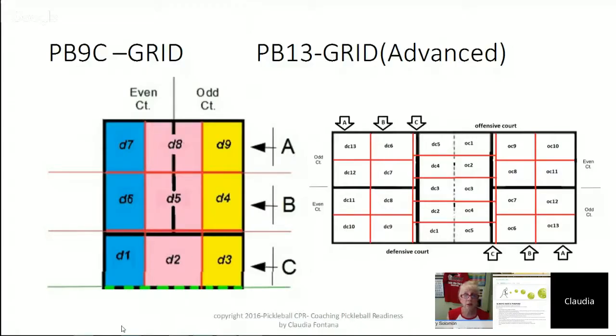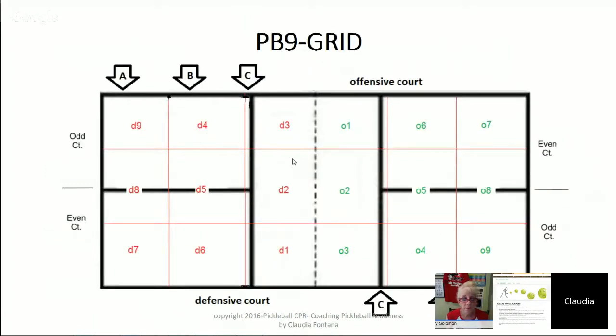Yes, absolutely. So if I go back to this one, the coach could stand on any one of these 9 zones and deliver to the player at any one of their 9 zones. Realistically, 9 to the 9th power, or whatever it is mathematically, we're talking over 300 possibilities of drills just by the coach standing in zone 9, hitting to all of these 9 zones, standing in 8, hitting all of these 9 zones over and over again.